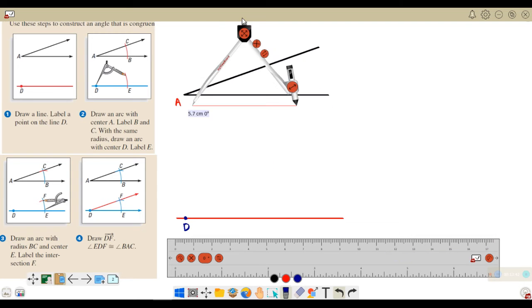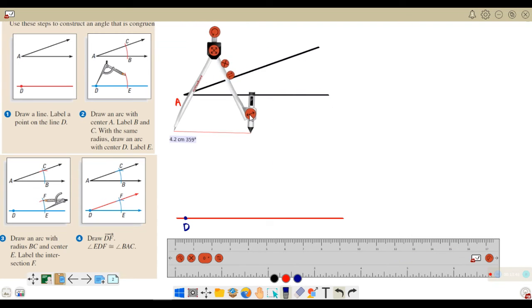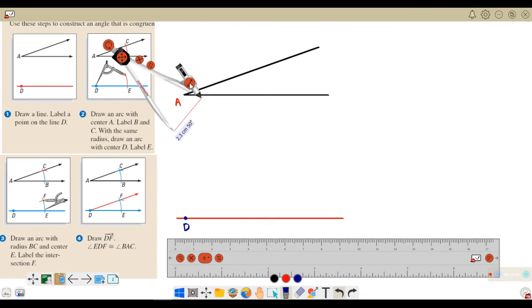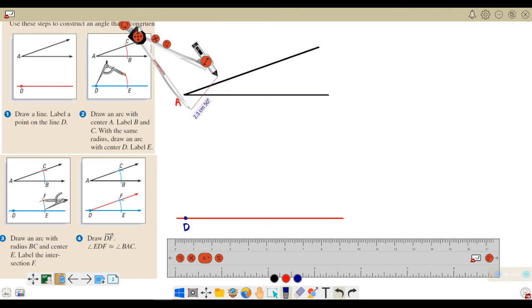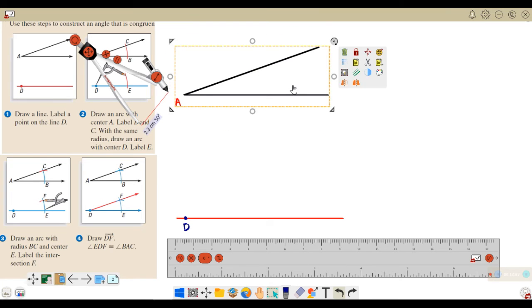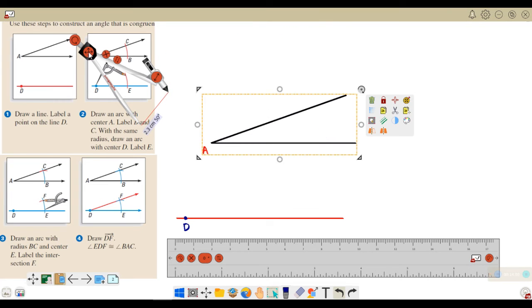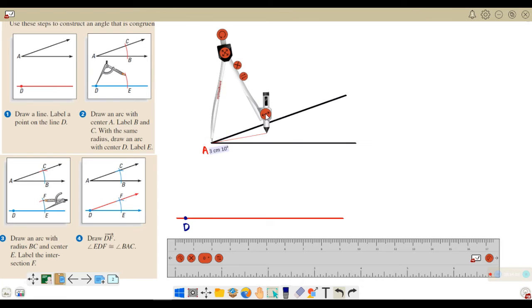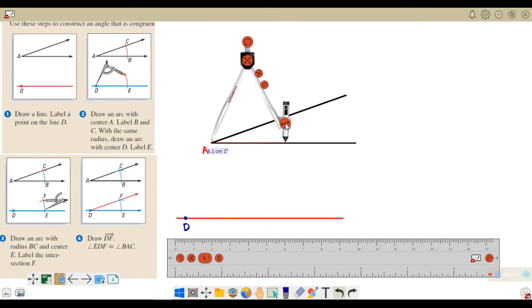Now, from the vertex A, bababa ko siya ng konti. So, from the vertex A, kahit gaano kahaba yung gusto mong line, okay lang.